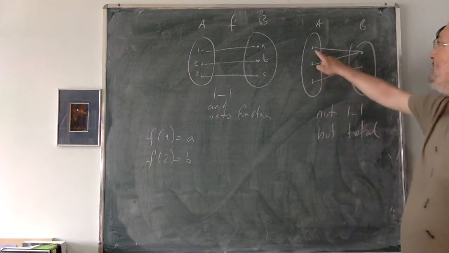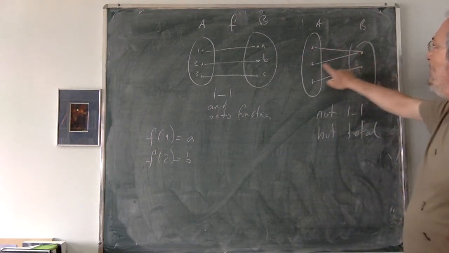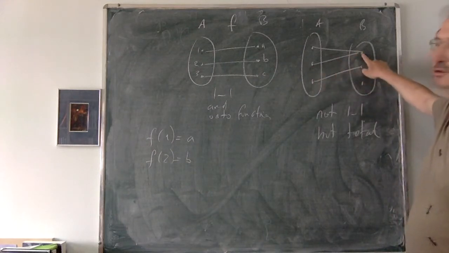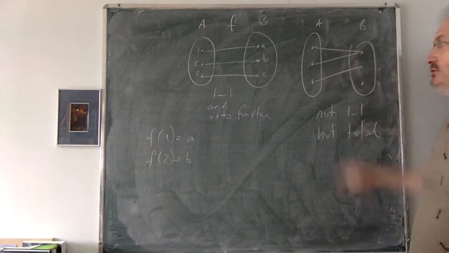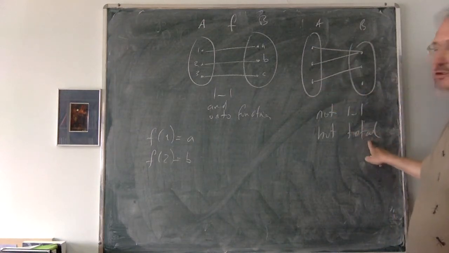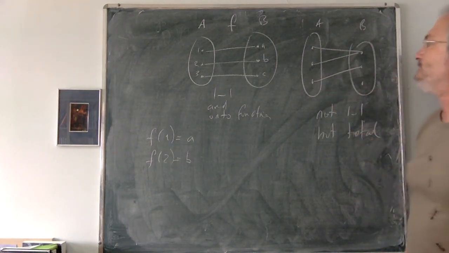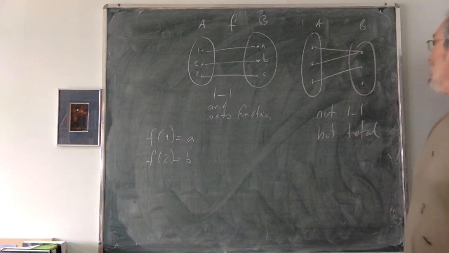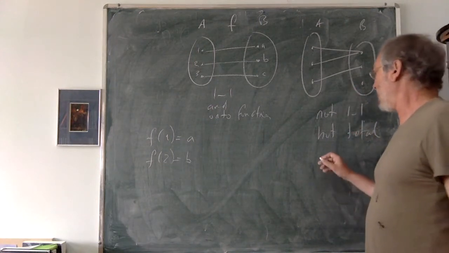This is not one-to-one because I'm mapping this one to that and a different element of A to the same thing in B. But I'm mapping all the elements of A, so this is total. But as you can see, the image itself does not cover the whole set. Now, is this a function? Yes, this is a function.